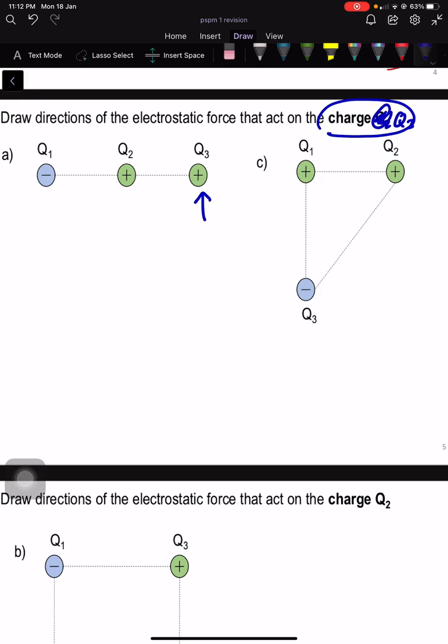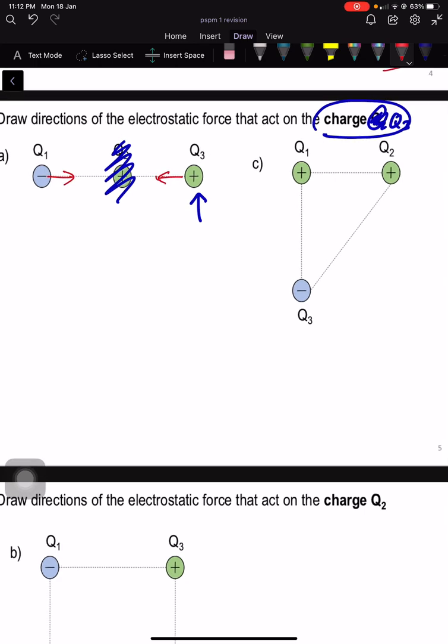Cover these two first. What will happen to 1 and 3? Negative, positive, the charges will attract each other. So what is the naming of this force? F13. The one here I won't write, because I don't want to find that one. I want to find the one on Q3, since I have changed the question to Q3.